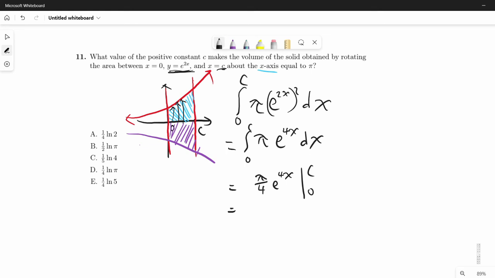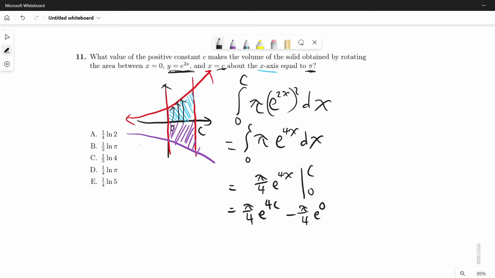And if we plug in c here and 0, we have pi over 4 e to the 4c minus pi over 4 e to the 0, which is 1. But we were given that this volume is equal to pi.